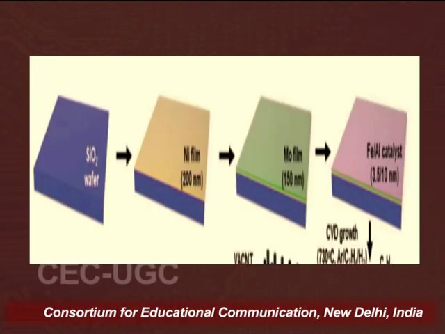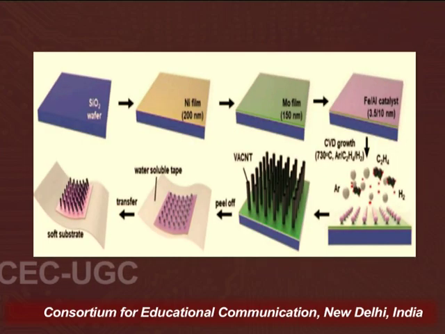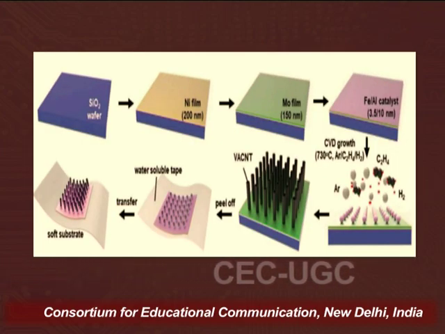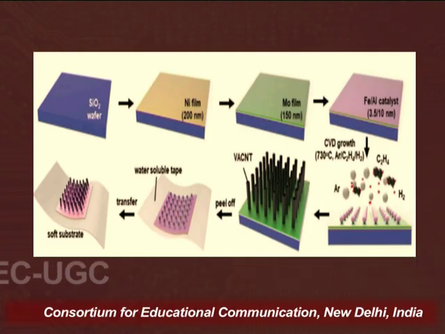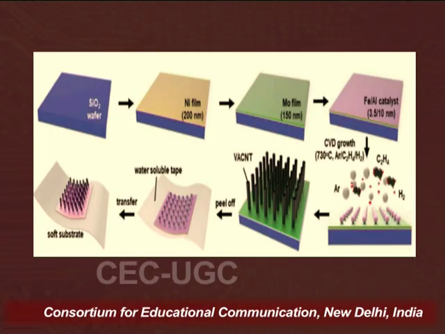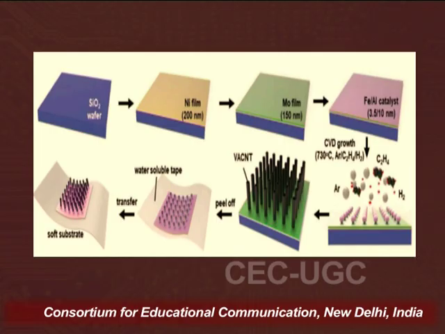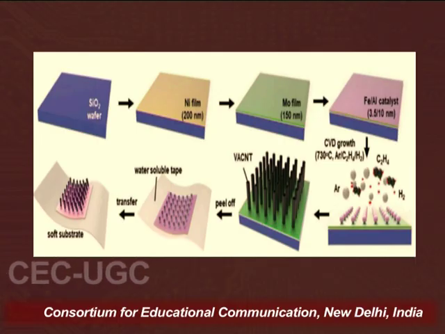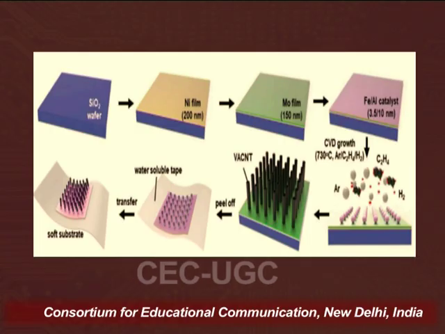You can see on the screen the method of how we make the various devices. Now you can see there is a deposition method. First we have a SiO2 wafer, then on the wafer there is a deposition of CNT. Now you can see a vertical alignment of CNT.